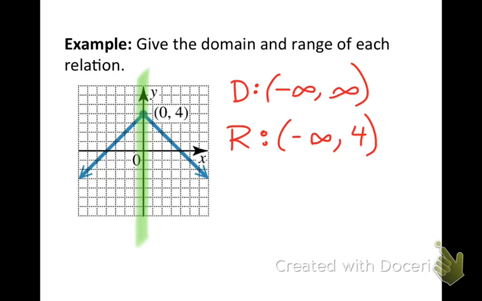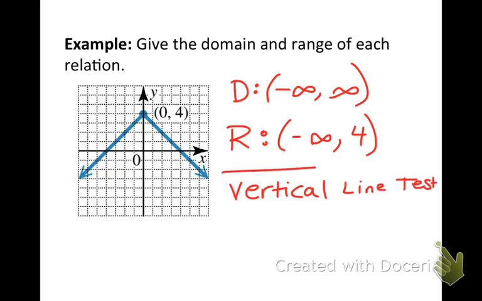Yes. So how do we determine whether it's a function? I'm sure this is on a slide somewhere. Do you guys remember the vertical line test? The vertical line test you use to check if a relation is a function or not.